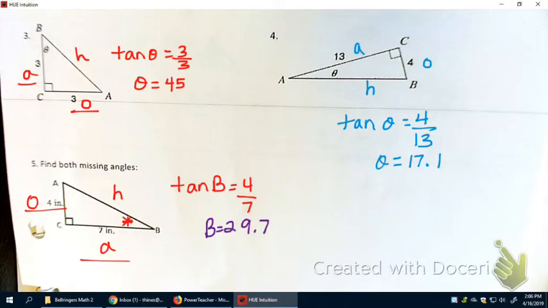The question says to find all the angles. So I found B. I know C's 90. How can I get A without having to do anything like tangent and sine and cosine? Right, so I can take 180, subtract 90, and subtract that 29 number, and I will get 60.3 for my final angle.